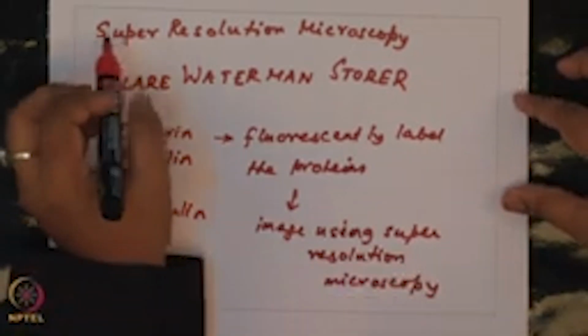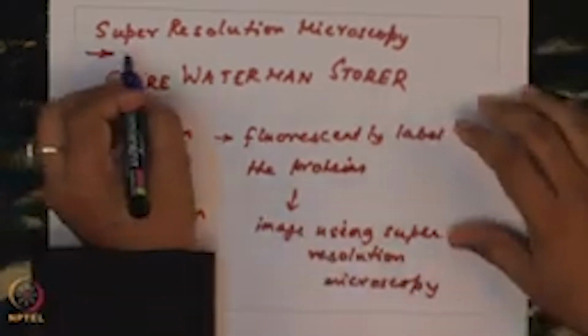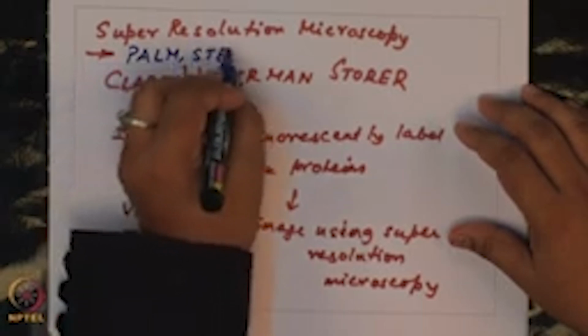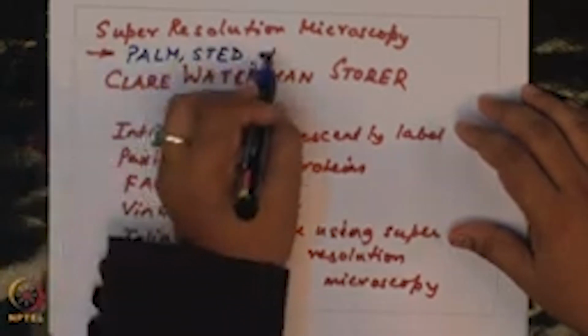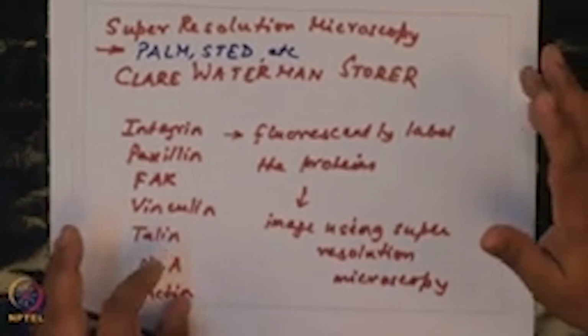There are different types of super resolution microscopy. Some of them are, for example, PALM, STED, etc. These are various techniques wherein you can image cells in super resolution.